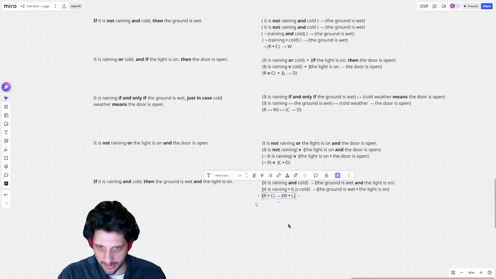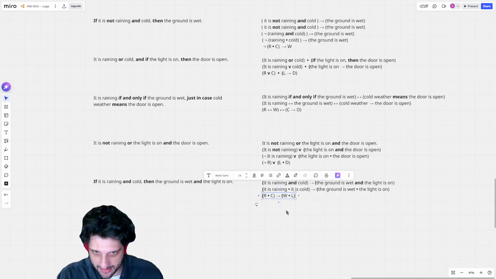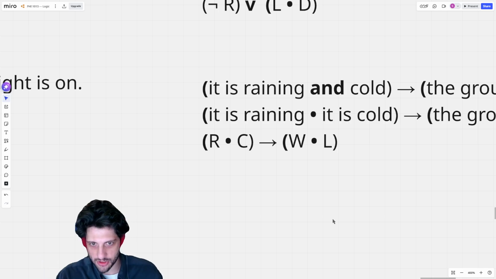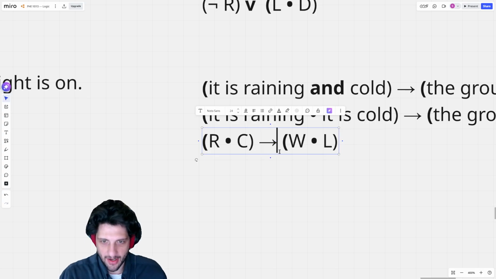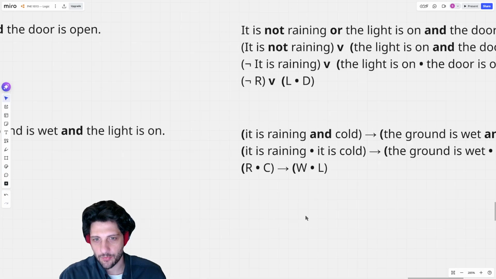And now I just keep reiterating it, but hopefully when you see something like R and C arrow W and L, you're starting to get a little bit more of that intuition. Okay, this is telling me that this package together, R and C together, leads to, entails, or justifies, requires W and L, right?